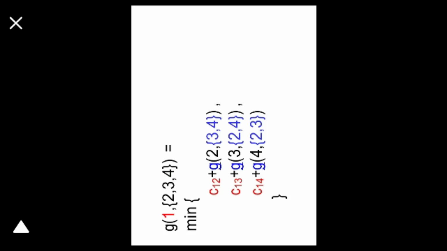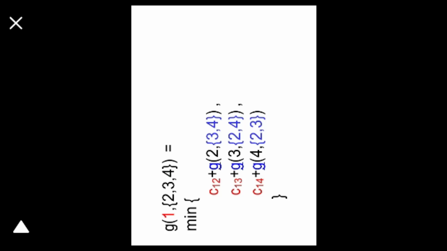Parentheses indicate ordered pairs, that is, a collection of ordered elements. Now in G, inside the parentheses I have written 1, which means it has to start with 1, comma, and in flower braces we have written 2 3 4, which means this is an unordered collection of 2, 3, 4.